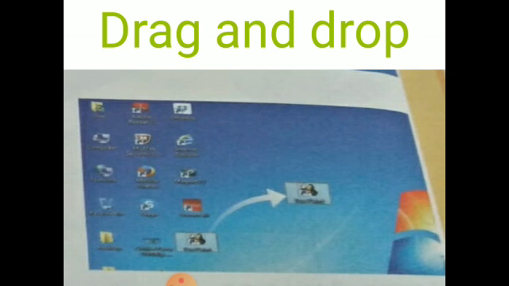First, press the left button and keep it pressed while moving the mouse. This is called dragging. Releasing the mouse button after dragging is called dropping. It means when you want to select any item and put it in another place, you can do the dropping mouse action.